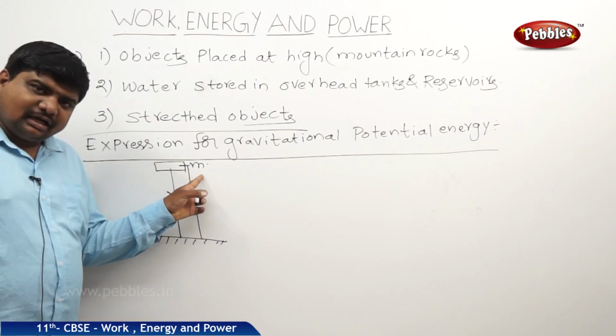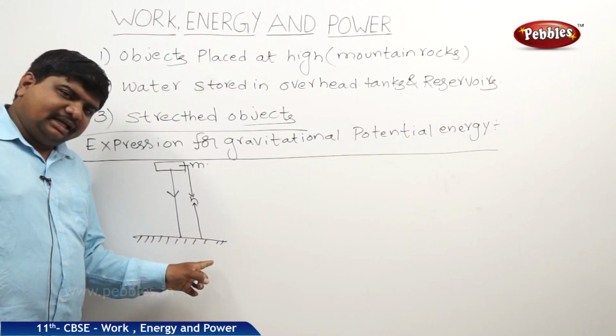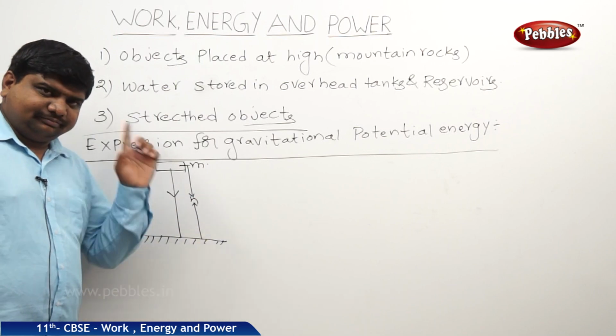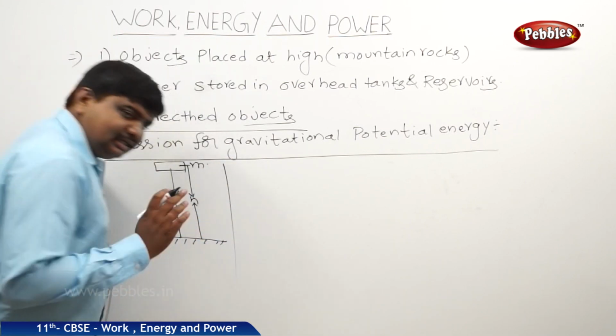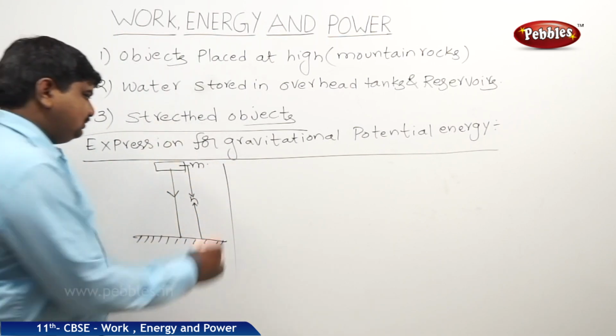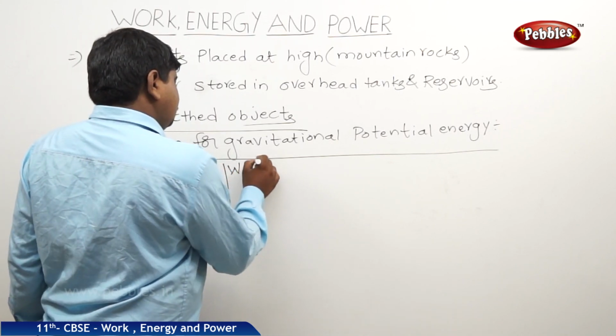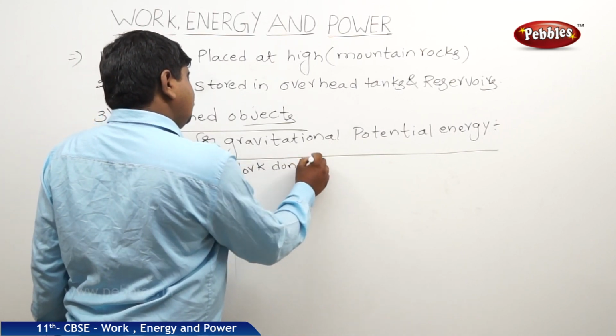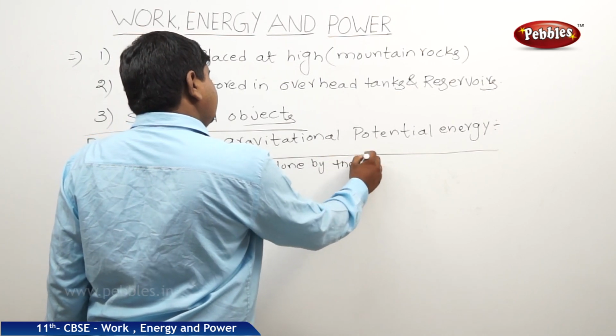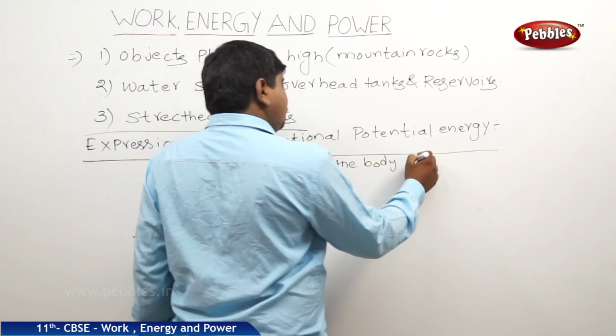So this body of mass m is freely falling towards the earth under gravity. So what is the work done for this freely falling motion? The work done by the body under free fall.